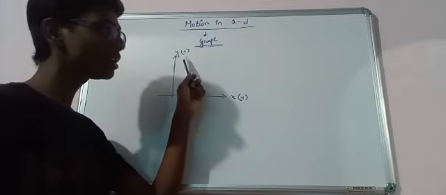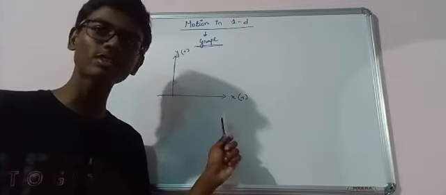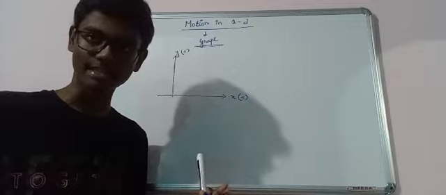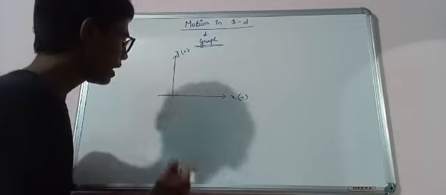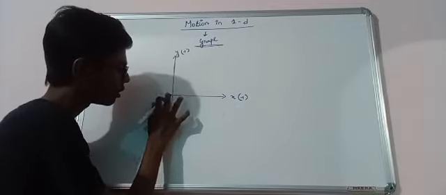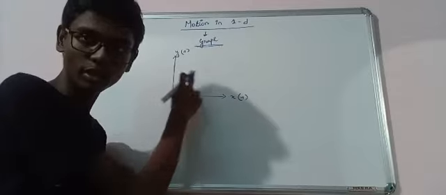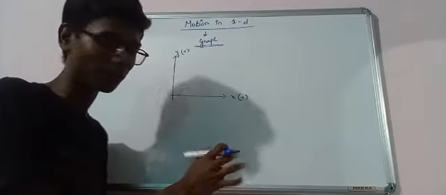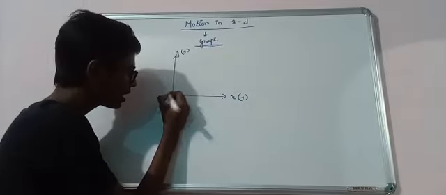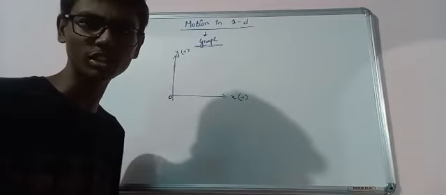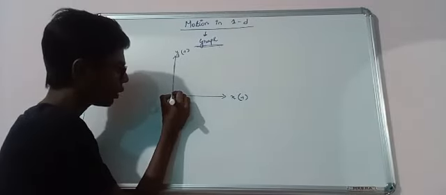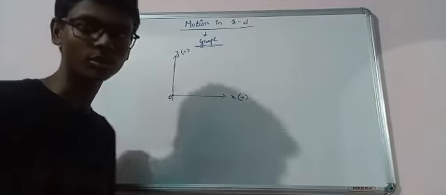This is your x-axis, not y. This is your x-axis. This is a y-axis. Simple. Now this particular portion where both the axes are meeting, that particular point is 0. Just know this. This particular point is 0.